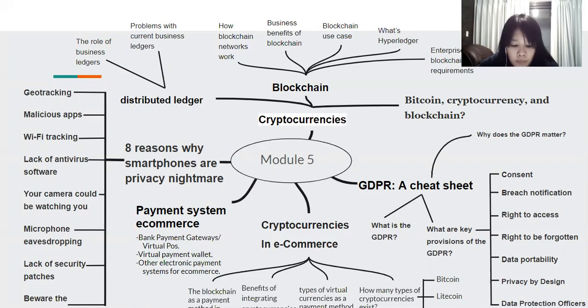Enterprise blockchain requirements: IBM believes industrial blockchain has a shared permissioned ledger, consensus protocol, cryptography, and chain code or smart contracts. So that's all for the first topic.